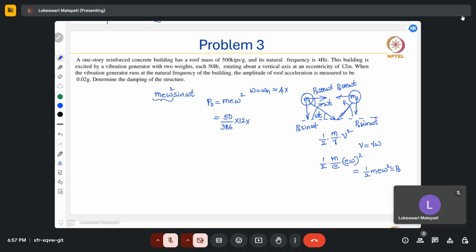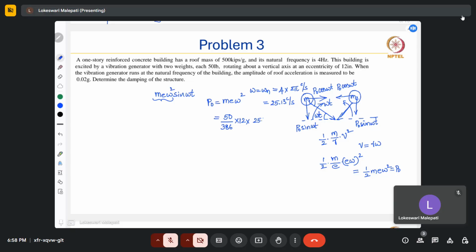This is 4 multiplied by 2 pi radians per second, which is 25.13 radians per second.